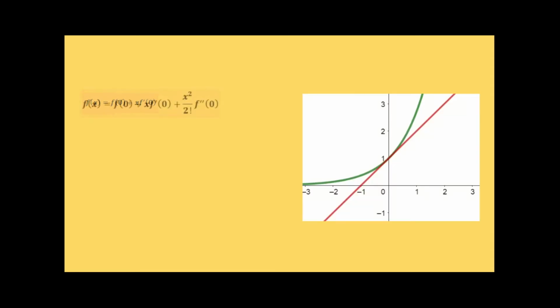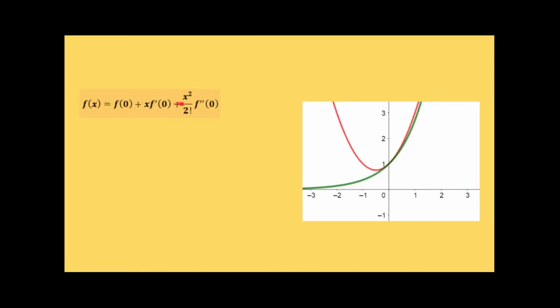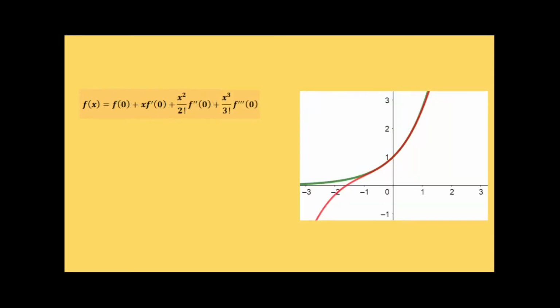We said we can improve it by turning that into a quadratic, and we found the second derivative for x equals 0, and so by using x squared over 2 factorial, this will give us a second derivative the same as our function when x is 0, and so on. Same with the cubic. By finding the f triple dash of 0 gives us the same third derivative when x is 0.